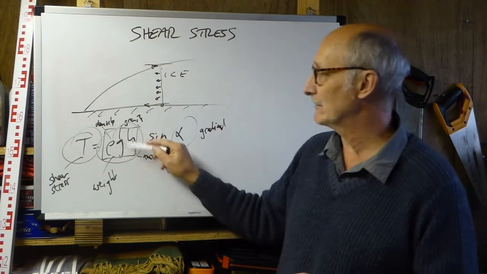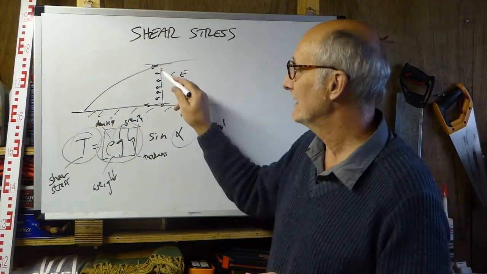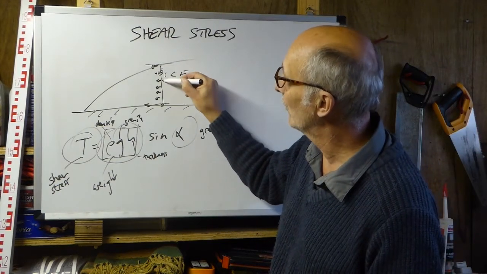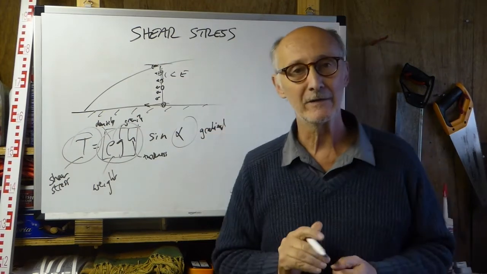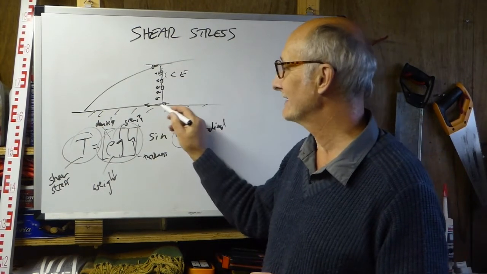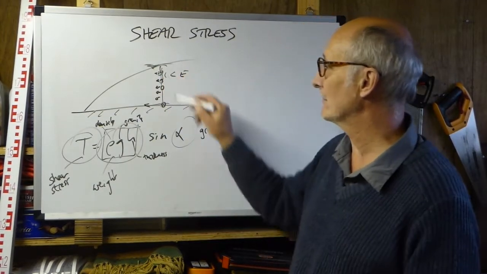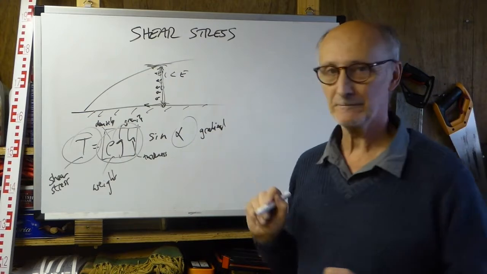Rho, the density of ice, and g, the force of gravity, don't change either. So the only thing that actually changes is h, the thickness of ice bearing down on that point, or that point, or all the way down to the glacier bed. So to calculate the shear stress at the glacier bed, we'd simply need to know the gradient of the ice surface and the thickness of ice bearing down at that point.